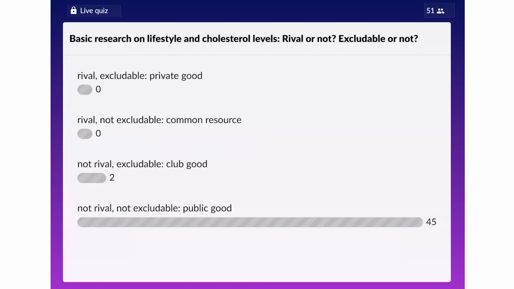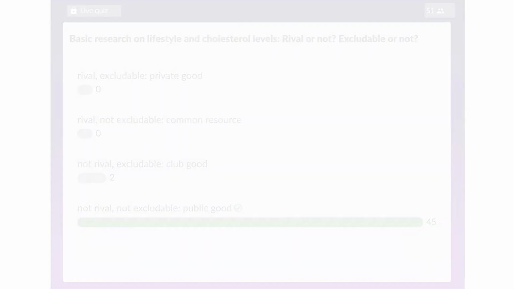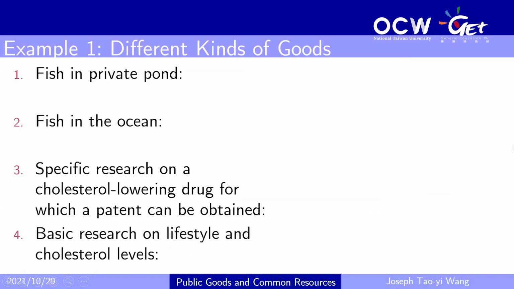So most of you say it's a public good that's not rival and not excludable, and that is the right answer. So let's look at these 4 different goods.